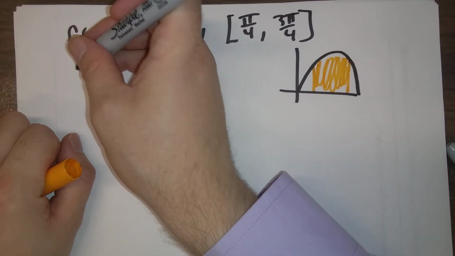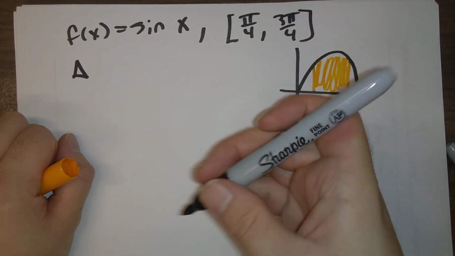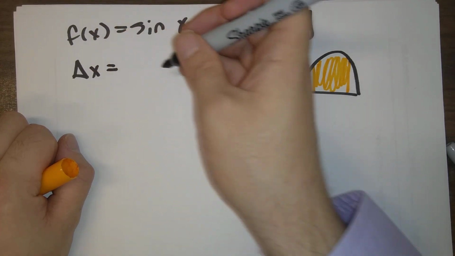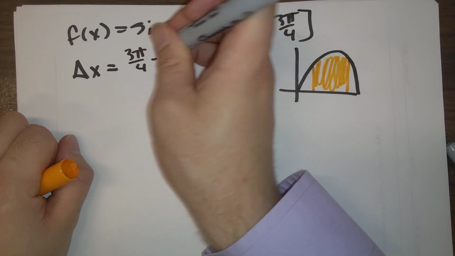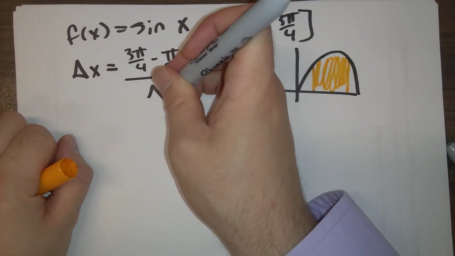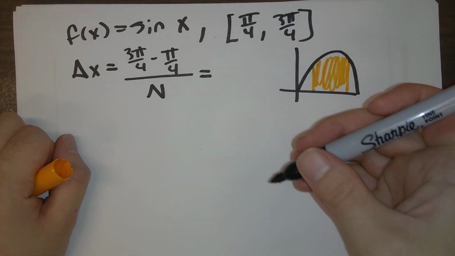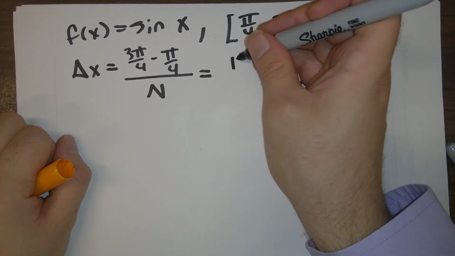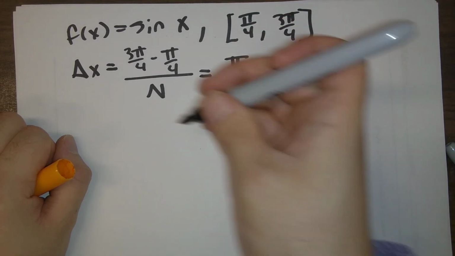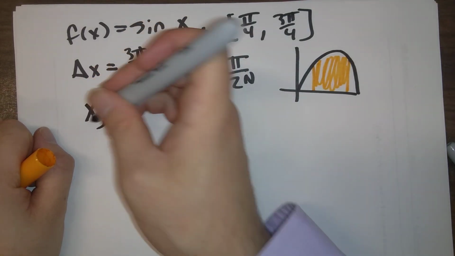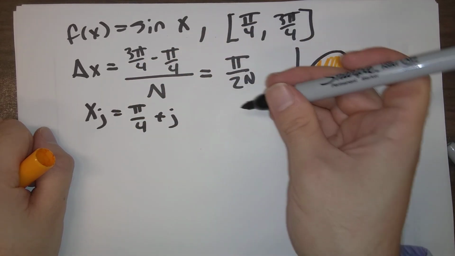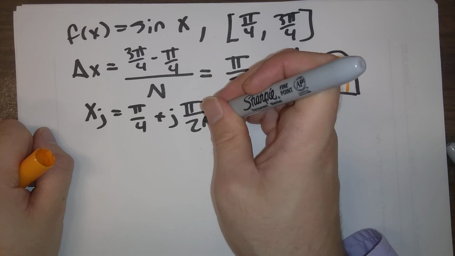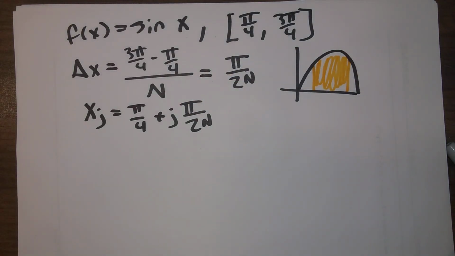If we want to do this, same thing as before, delta x is going to be b, 3 pi over 4, minus a, pi over 4, divided by n. And this ends up as pi over 2n. X of j is the left endpoint, pi over 4, plus j times delta x.